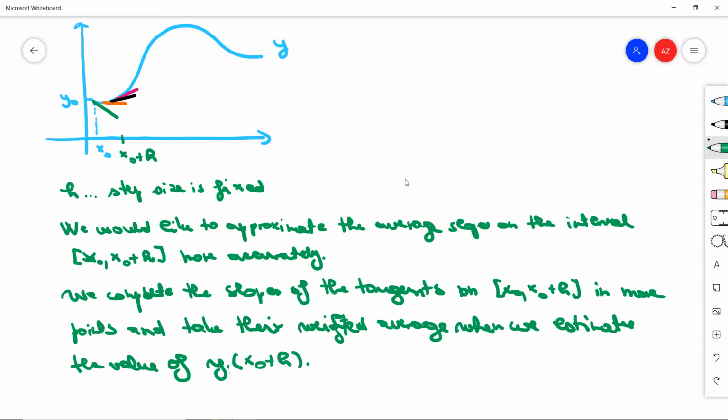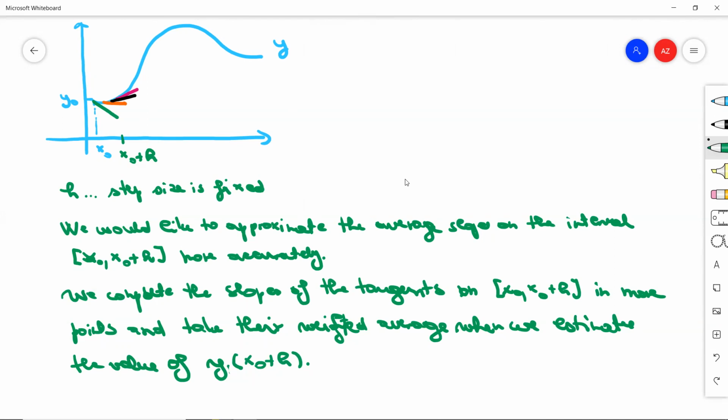So you see that we have a lot of choices of tangents. We have a lot of choices of weights. Of course, we have to choose them in some meaningful way to ensure that the error will be small. But you can see that the choice is not unique. It's highly non-unique. So the methods which stem from these choices are called Runge-Kutta methods.